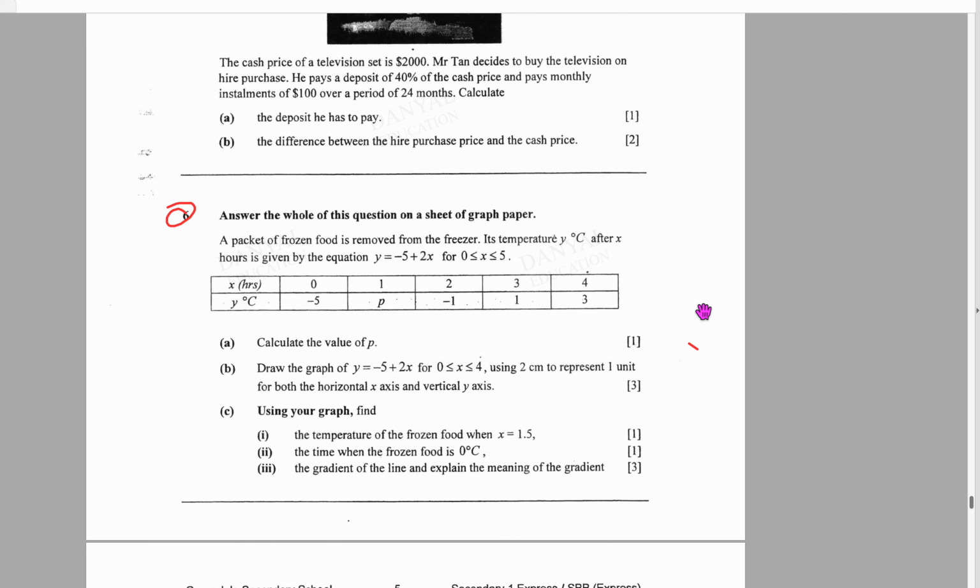Okay, you are answering the question in a very general way, and you need to be a lot more specific. So in this case, the gradient is 2. You need to make use of the gradient 2 to talk about what's the meaning of this gradient 2. What you said just now was very, very general. Each time when the temperature increases, it increases by 2.